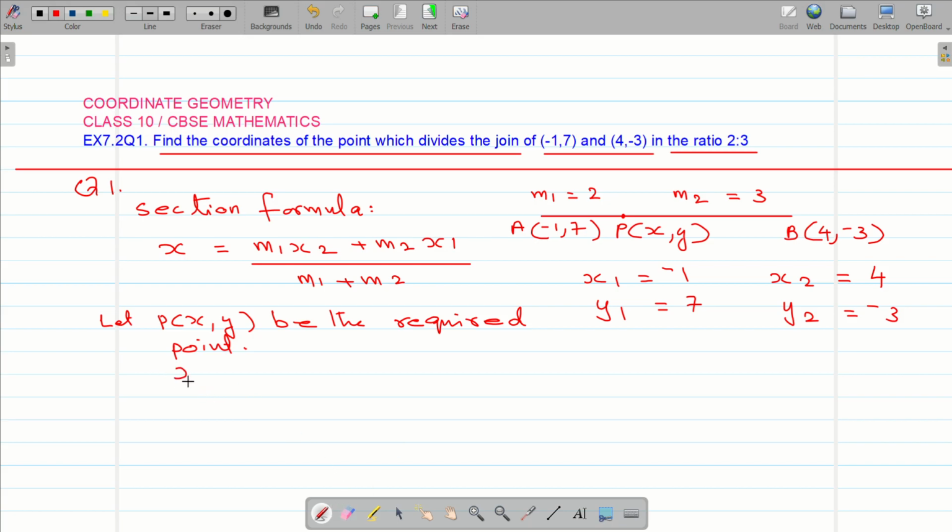Therefore x is equal to m1, that is 2, multiplied by x2, that is 4, plus m2, that is 3, multiplied by x1, that is -1, divided by m1 plus m2, that is 2 plus 3.